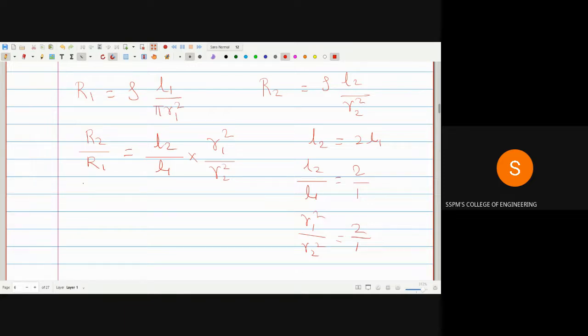So what is R2 by R1? R2 by R1 is equal to L2 by L1 is 2 divided by 1 and R1 by R2 square is also 2 divided by 1, isn't it?